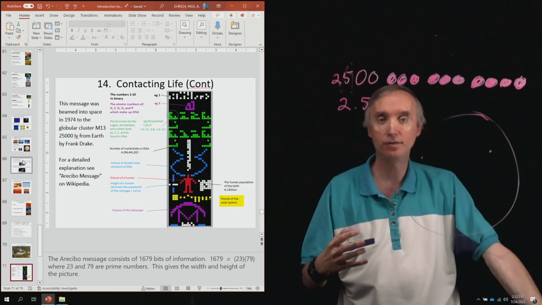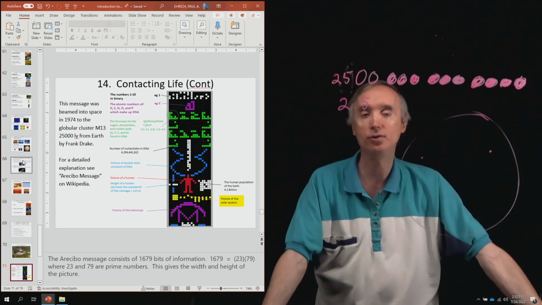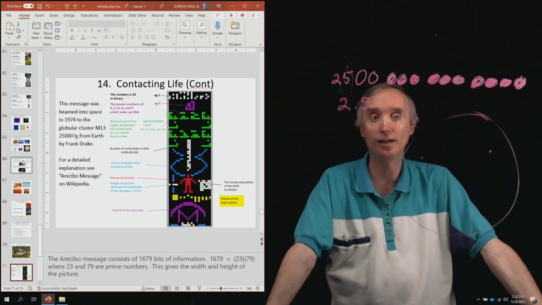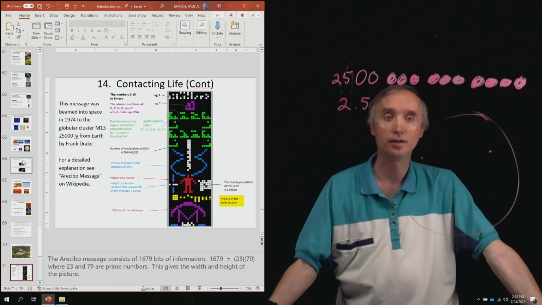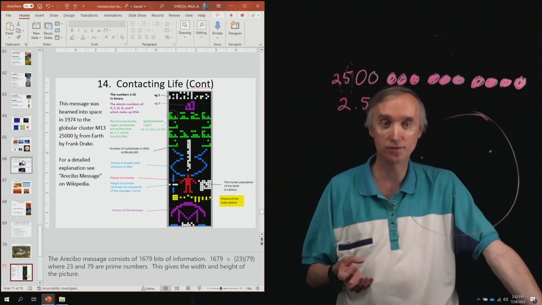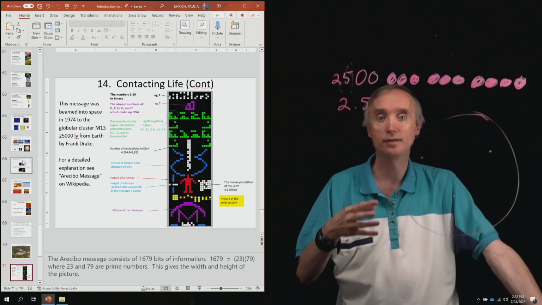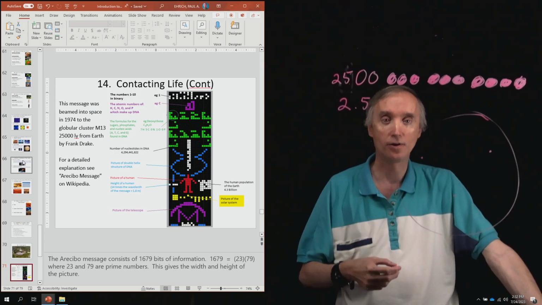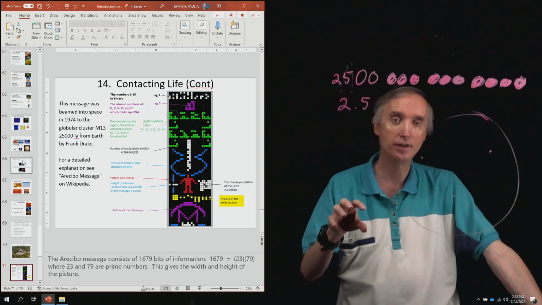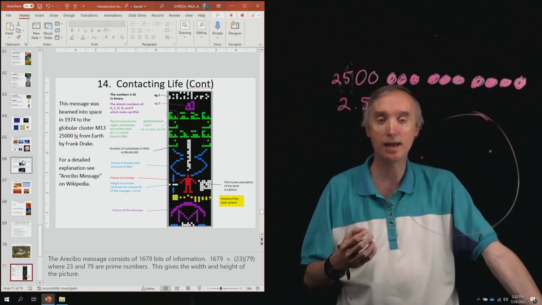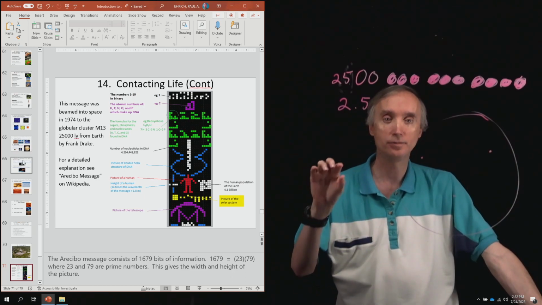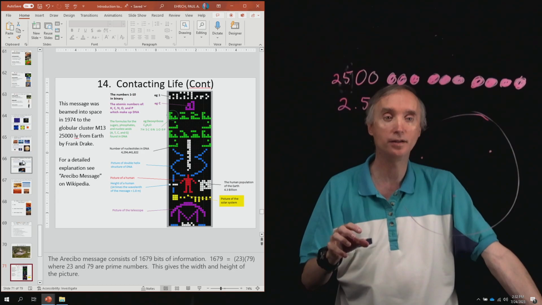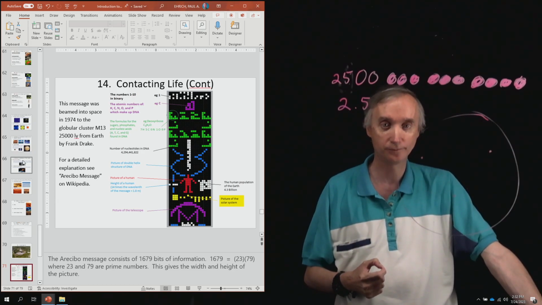Okay, then underneath that, it's going to tell you what are the nucleic acids that are found in DNA. So then it gives you the chemical formulas for the nucleic acids that make up DNA. Okay, then if you go underneath that, it shows you a picture of what DNA looks like and tells you how many nucleic acids are in human DNA.